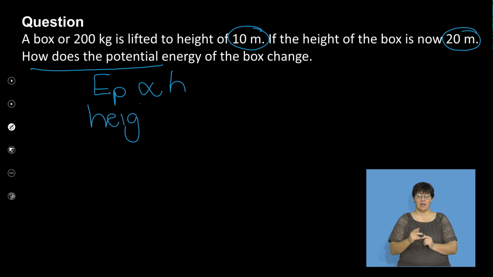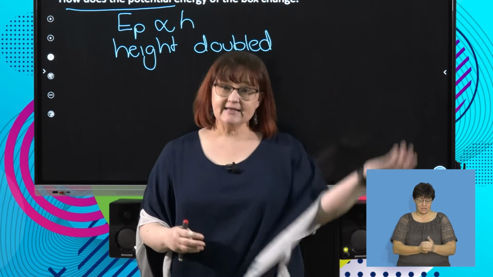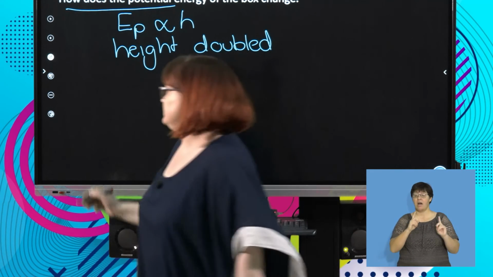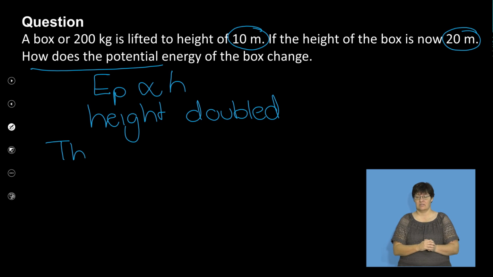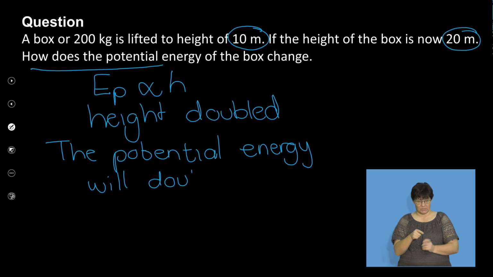Because potential energy and height are directly proportional to each other, if the height doubled, my potential energy doubles. So my answer is this. The potential energy, and we write it out nicely, will double.